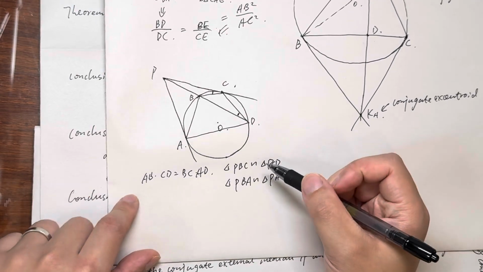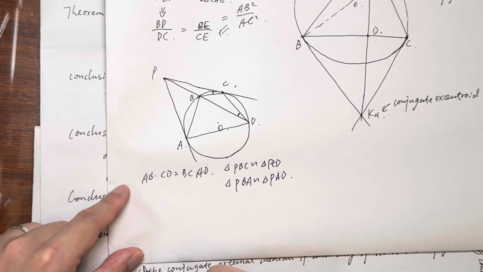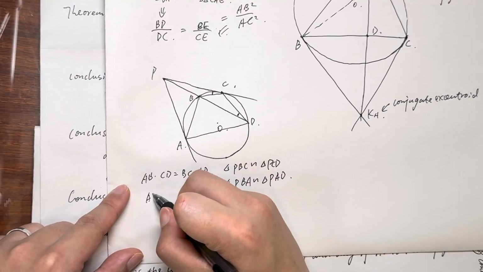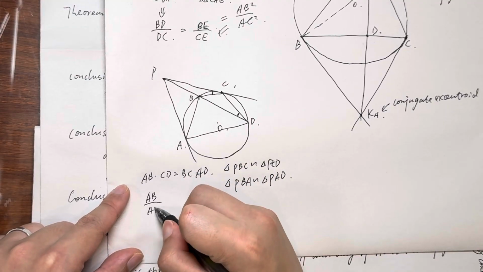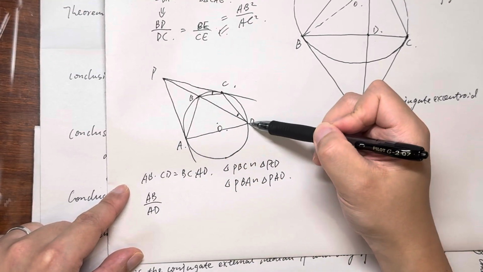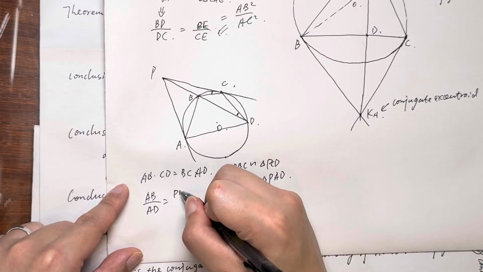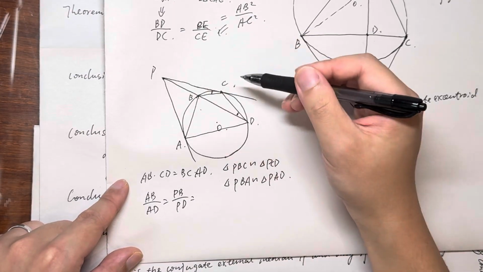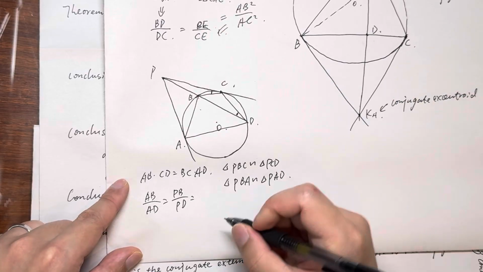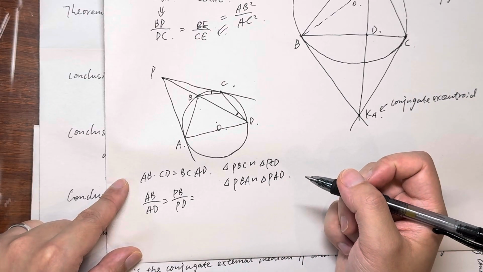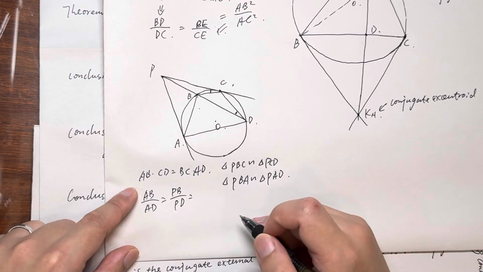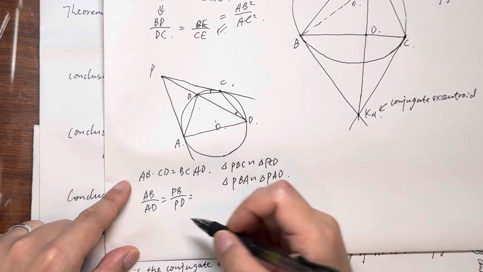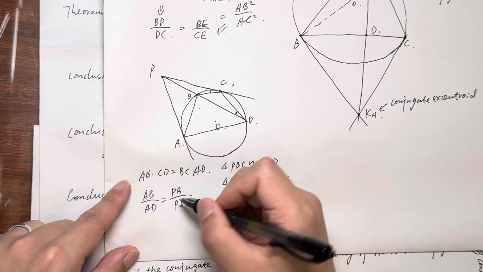right? So based on this, we know that AB to AD equals PB to PD. Wait, one sec. No, this is not correct.